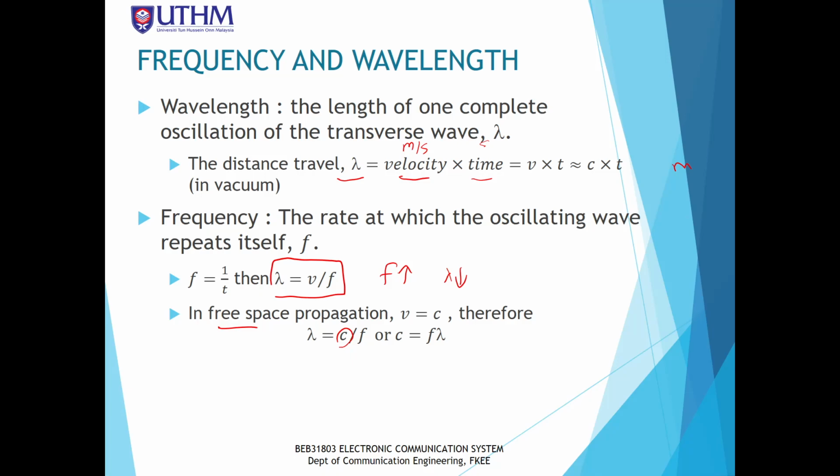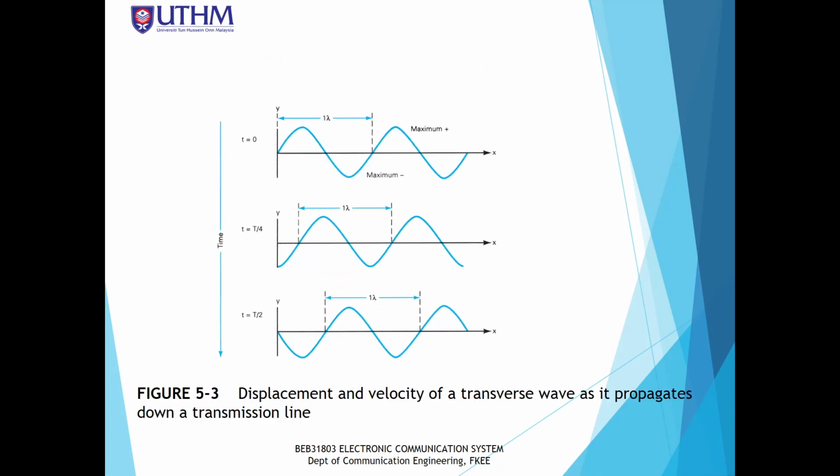Compared to if we use a low frequency, we're going to have a higher lambda. That means the wave can travel a longer distance within one complete cycle. So this is about the lambda.